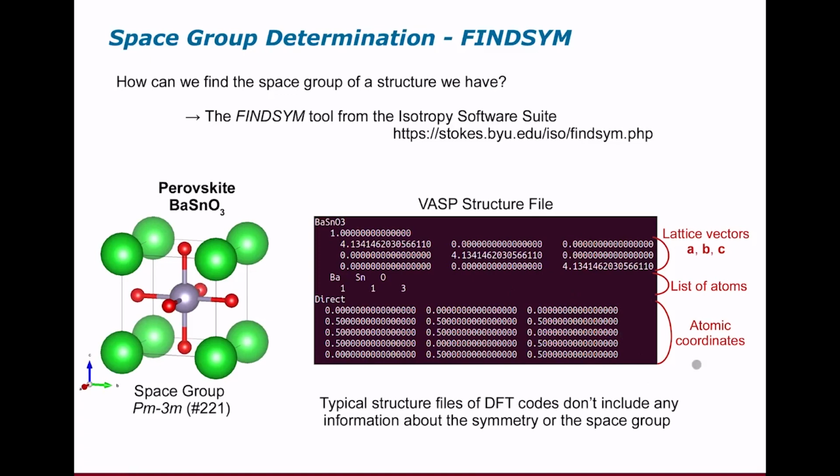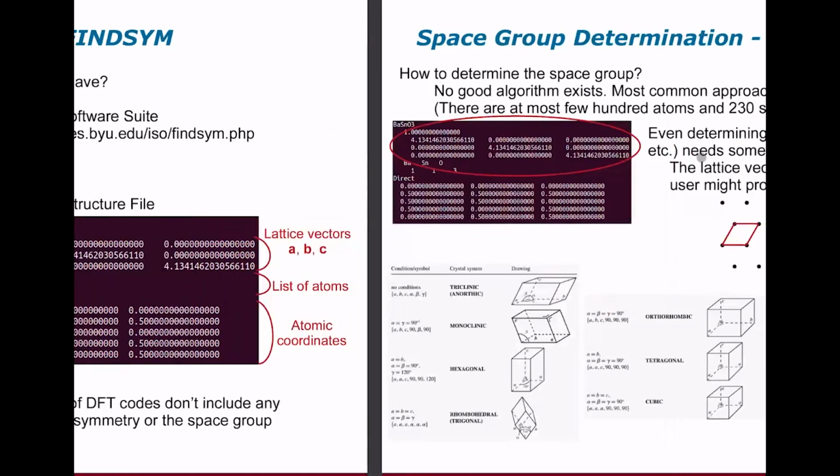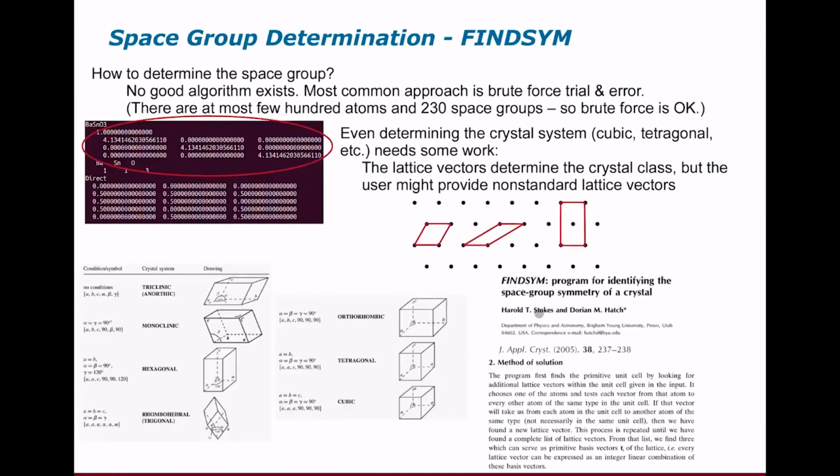So let's see if this structure indeed has the right space group. For this, we go to this FindSim. One thing I should say before we move on to FindSim is that there's an extra issue with understanding the symmetry from the structure file.